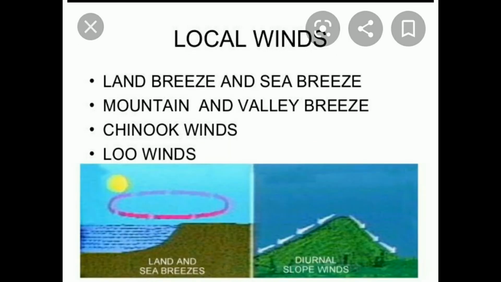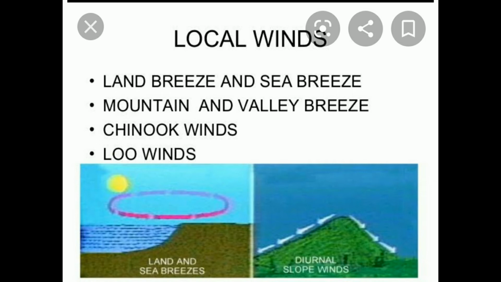And the next one is local winds. Local winds blow due to local variation in temperature and pressure and influence a very small area. Depending upon the temperature of the particular place, the winds will be blowing locally, and so they are called local winds.